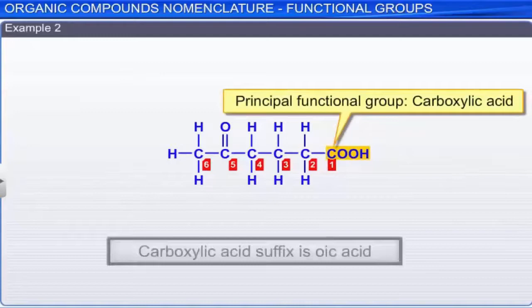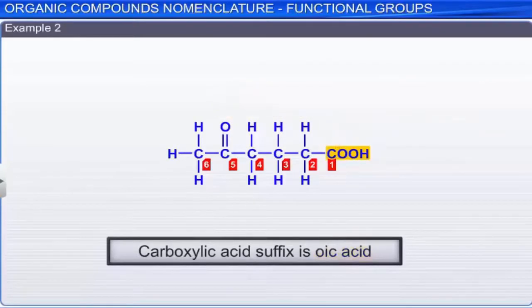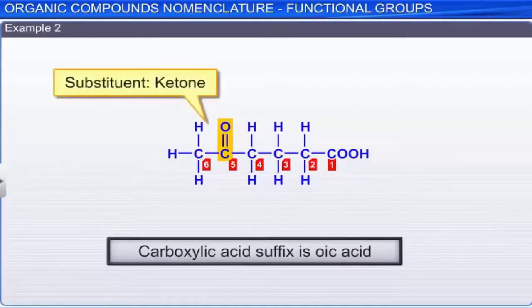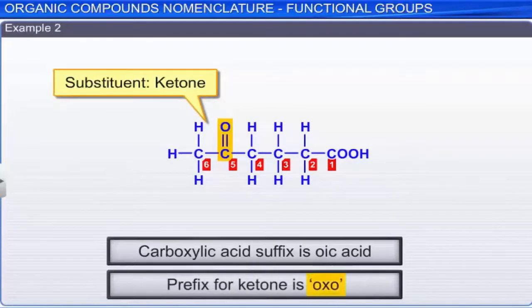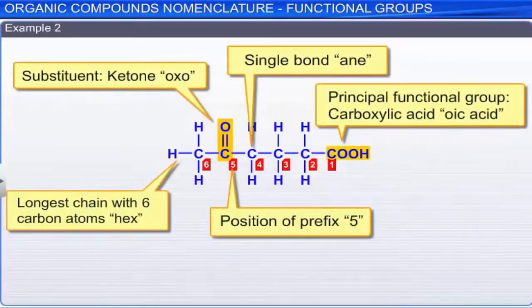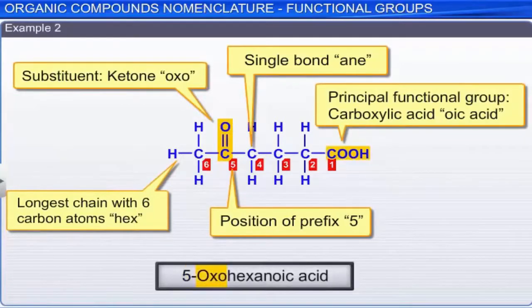The principal functional group will come as a suffix. For carboxylic acid, the suffix oic acid is used. The other functional groups act as substituents, and they are written by using appropriate prefixes. Here, the substituent is ketone and the prefix used for ketone is oxo. Thus, the name of the compound is 5-oxohexanoic acid.